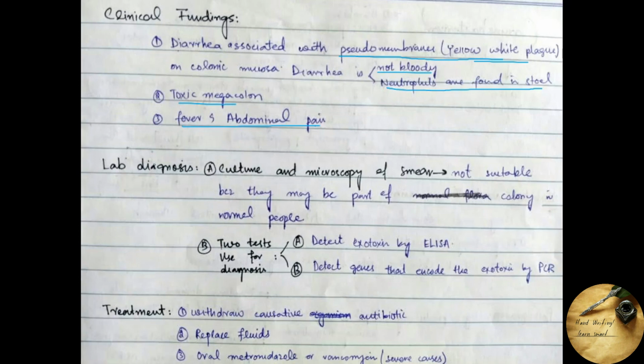Coming towards the lab diagnosis, culture and microscopy of the stool are not suitable because they may be part of normal flora. So we use two kinds of tests for diagnosis. One is to detect exotoxin by ELISA and the other is to detect genes that encode the exotoxin by using polymerase chain reaction.